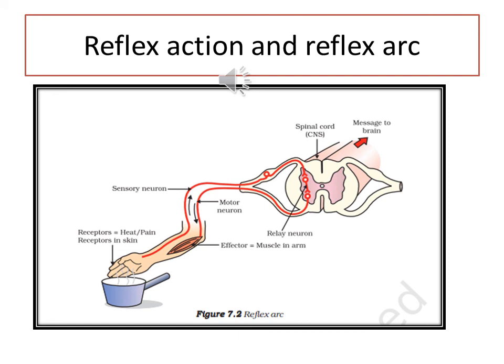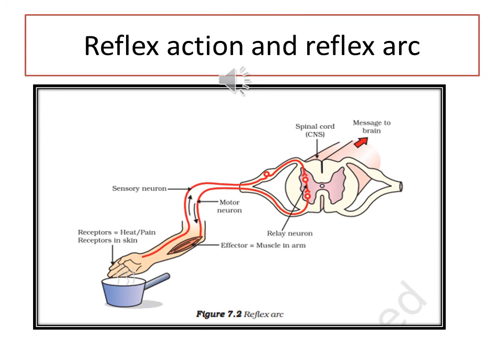If we see the figure here, what does the figure tell us? The figure tells us that there are sensory neurons which carry information impulses from hot objects towards the brain. Here it meets at the spinal cord, which is present in our backbone.